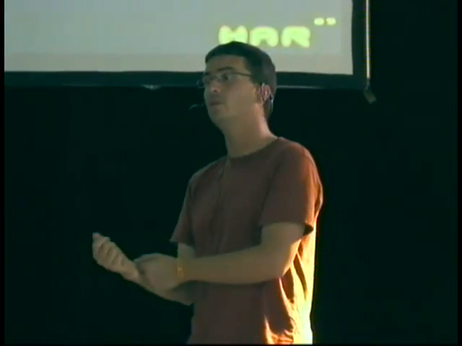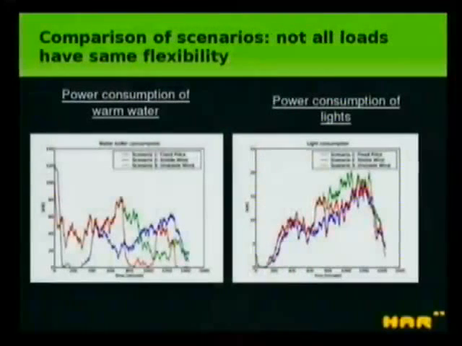You will still switch on your light. So the variability of the light is much smaller. There is a variability with the assumption we made, but it's smaller than with warm water, where we see typically in the red curve a sudden drop at the moments where there is no more cheap electricity.